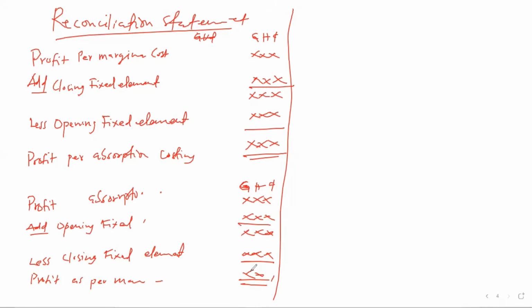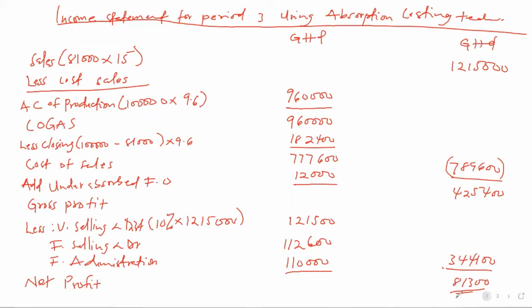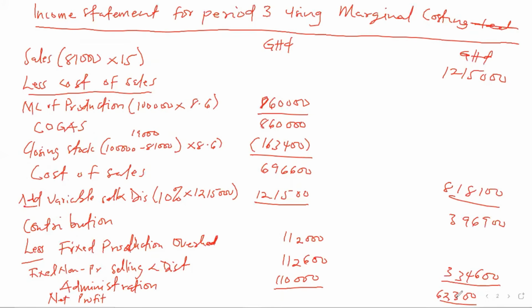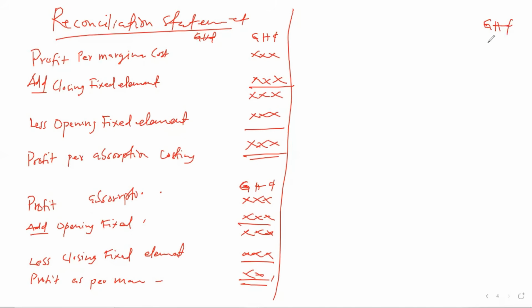It should reconcile. So let's move to this question and let's reconcile the two statements. Let's start with the marginal costing. For the marginal costing, we had a profit of 62,300.